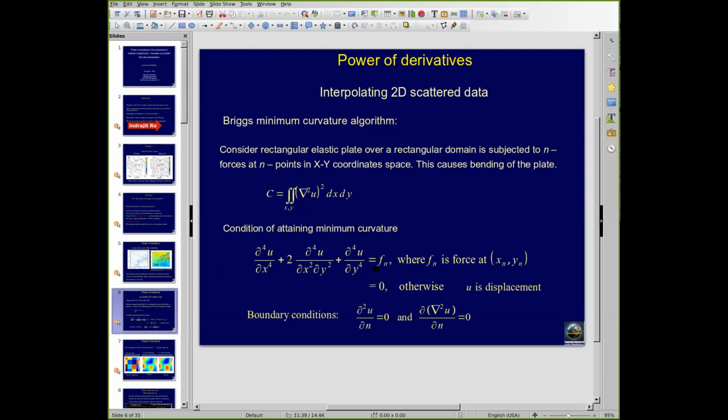And he came out with biharmonic differential equations.